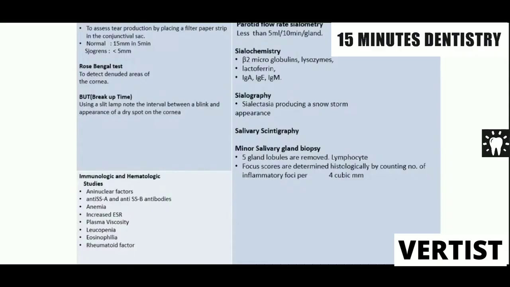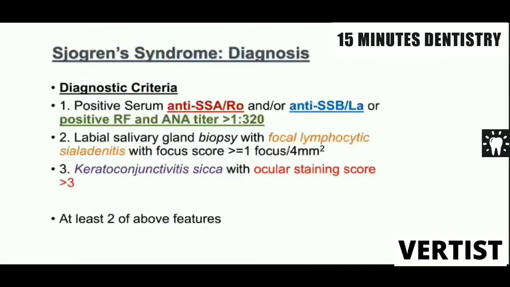Salivary studies include sialometry, that is assessing the amount of saliva that is secreted, sialochemistry, sialography, and scintigraphy, and also minor salivary gland biopsy, especially in the labial mucosa where there are a lot of minor salivary glands, and the inflammatory foci are counted.